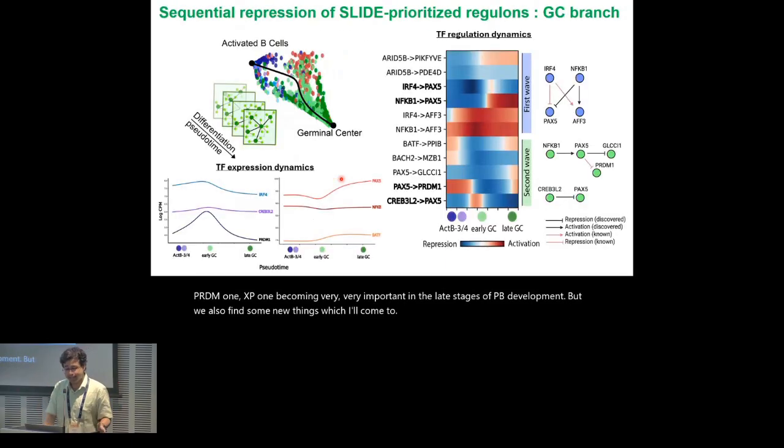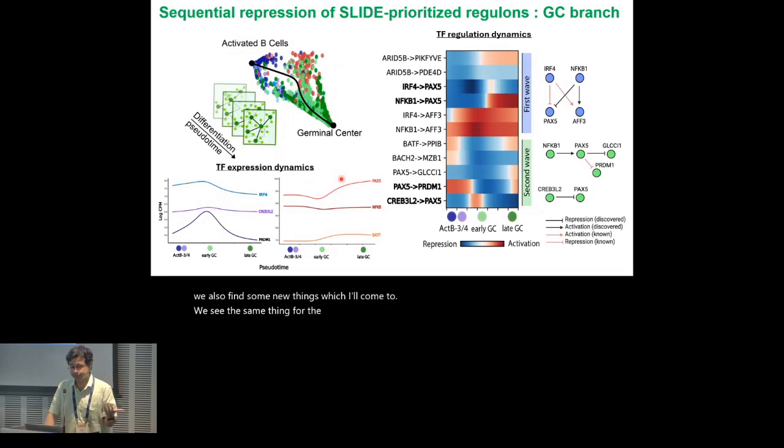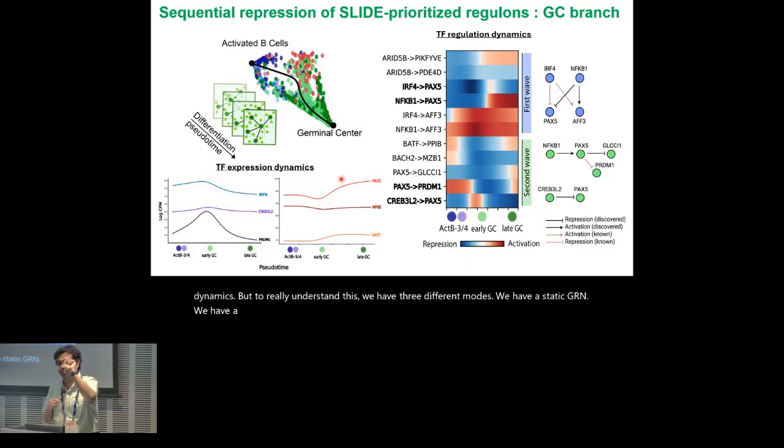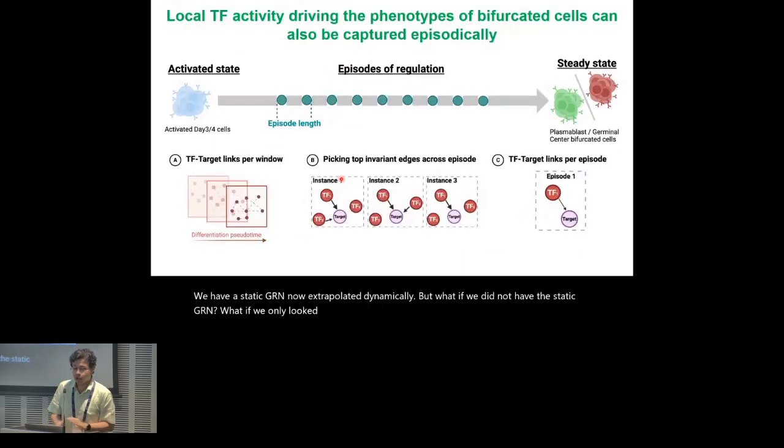We see the same thing for the GC branch. We capture both expression and regulation dynamics. But to really understand this, we have three different modes. We have a static GRN, we have a static GRN now extrapolated dynamically. But what if we did not have the static GRN? What if we only looked at a dynamic GRN? What would we learn?